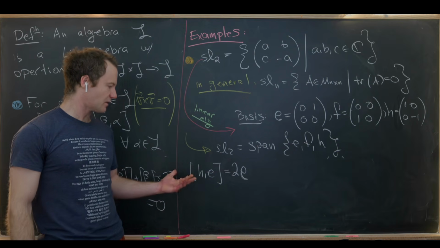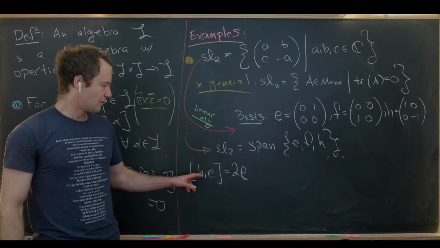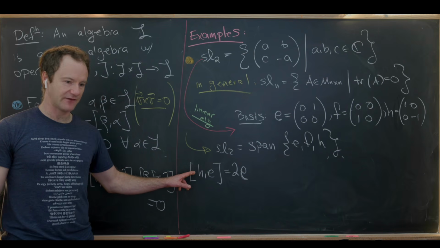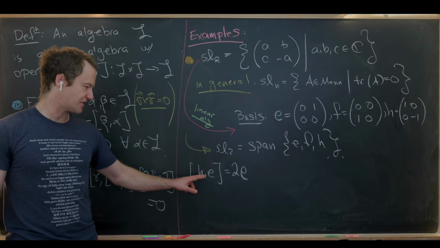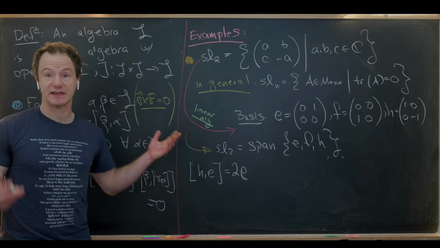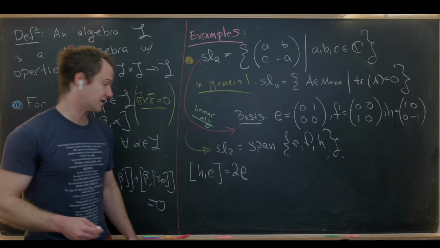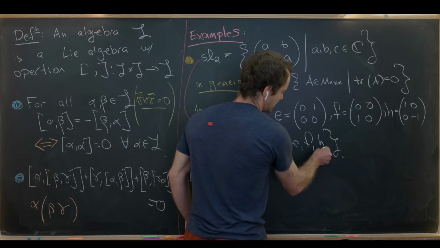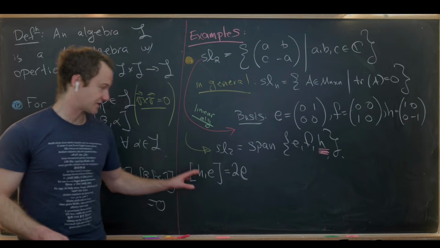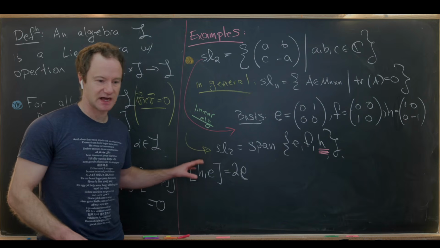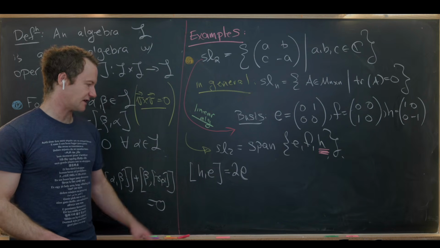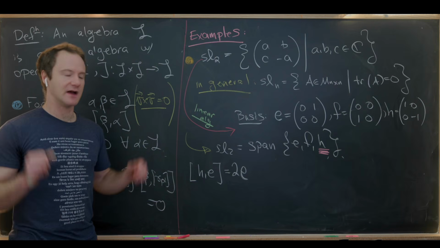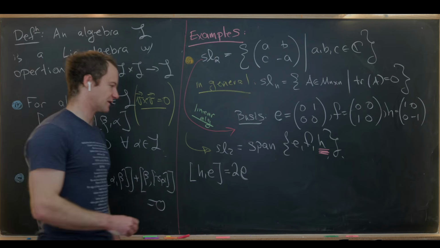So in some ways you can think we have some sort of eigenvector eigenvalue relationship where we do this left bracket with H on E and we get a multiple of E. That's actually really, really important. And that makes this vector right here seem like a really important vector because it has this eigenvalue, eigenvector type operation when you multiply by the left, which is really bracketing from the left.